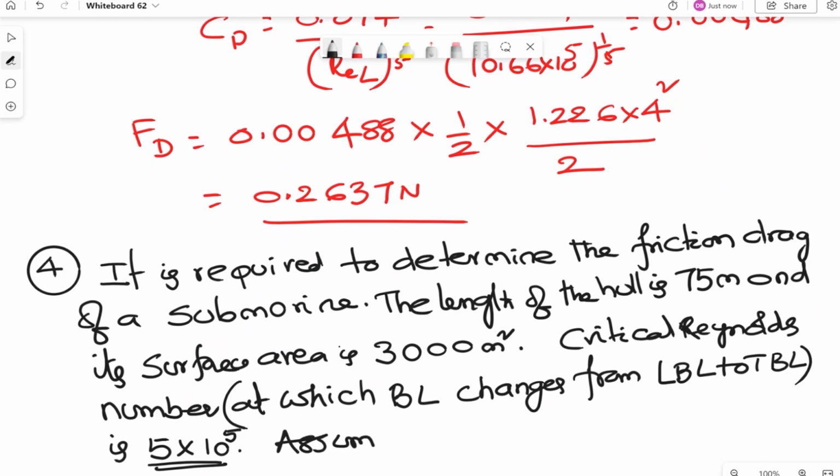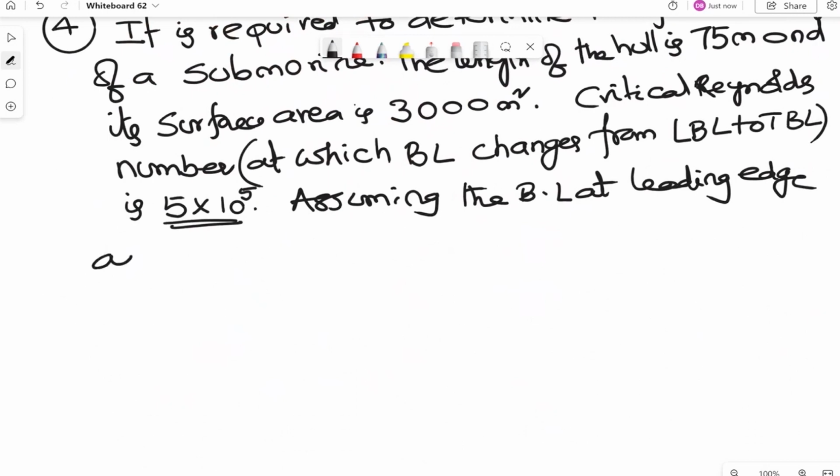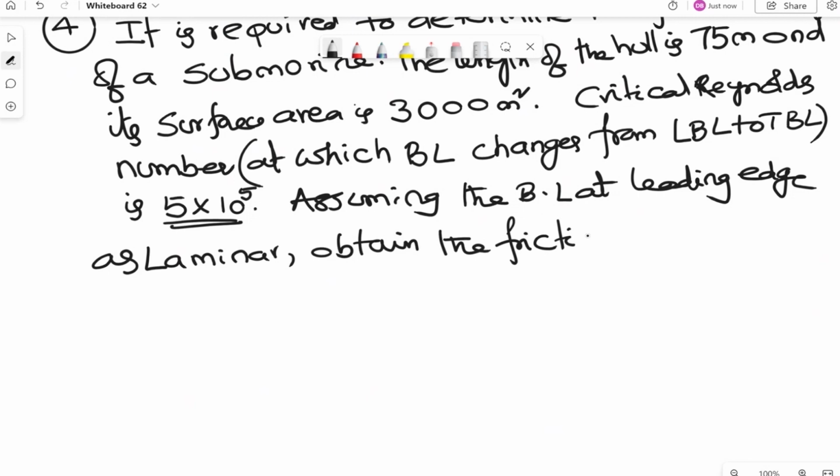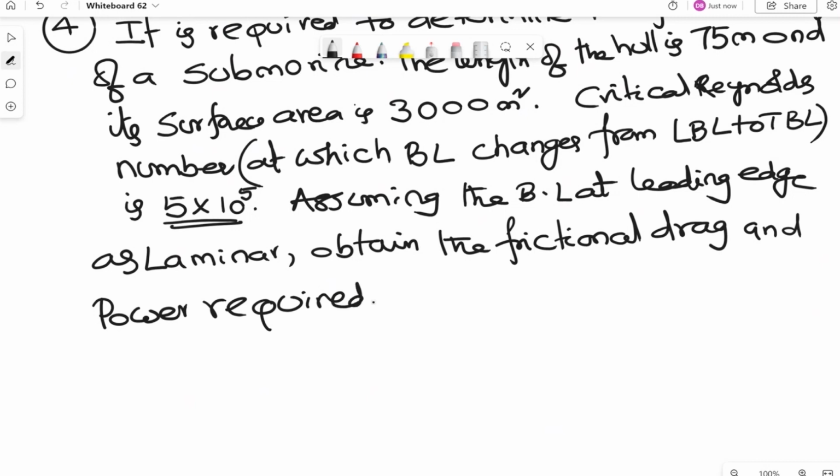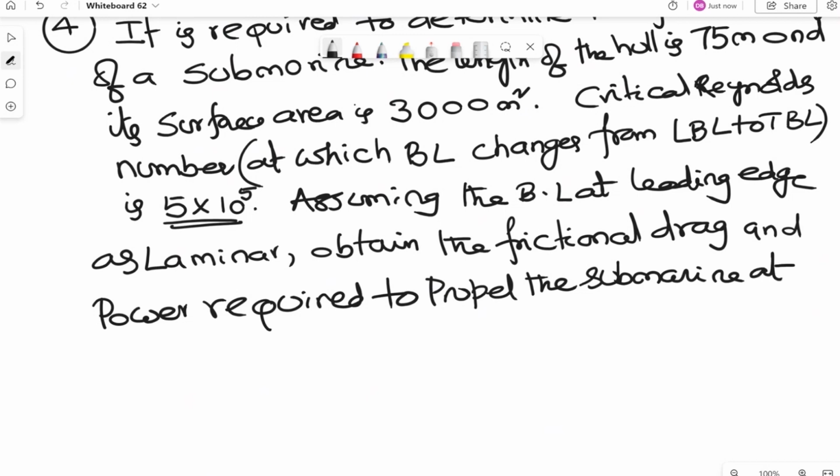Assuming the boundary layer at the leading edge, not the trailing edge, as laminar, obtain the frictional drag and power required to propel the submarine at 5 meters per second.